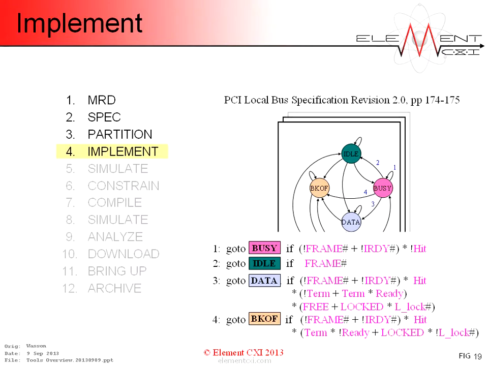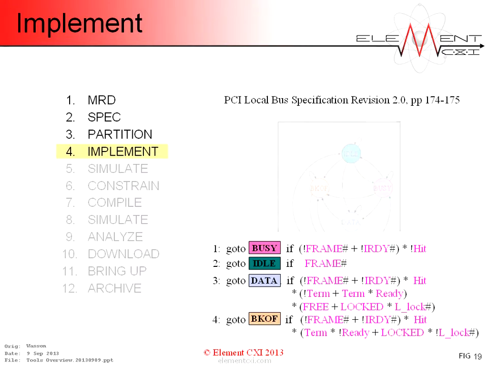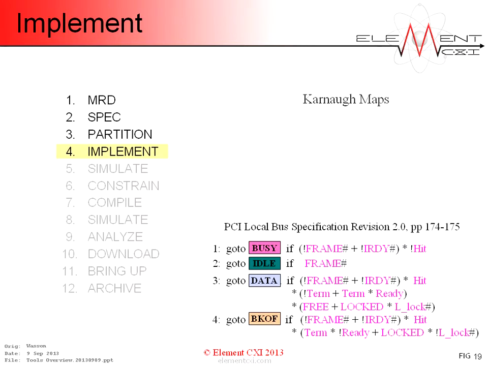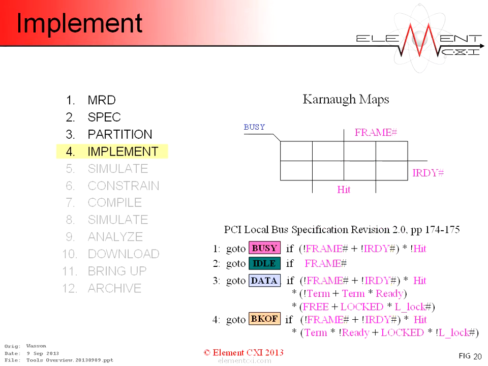The problem isn't immediately apparent here, but it is readily exposed with Karnaugh maps. Extracting the 3 primary variables into an 8-cell map, equation 1 specifies to remain in busy if not frame# or not iReady# and hit is false.